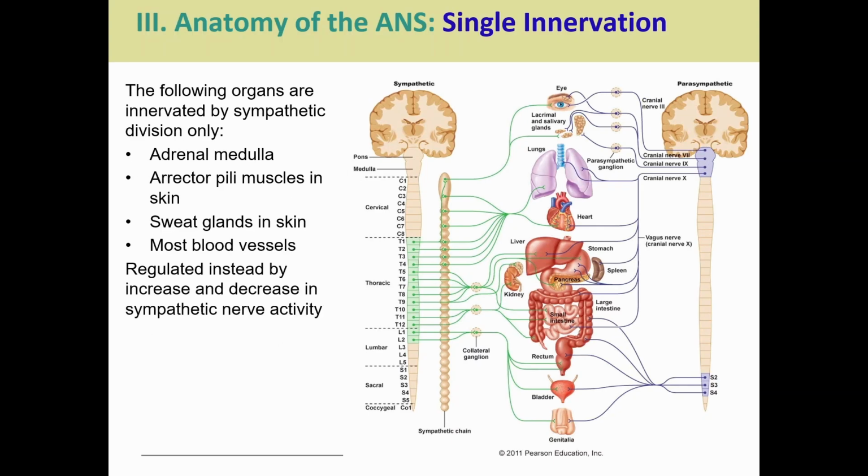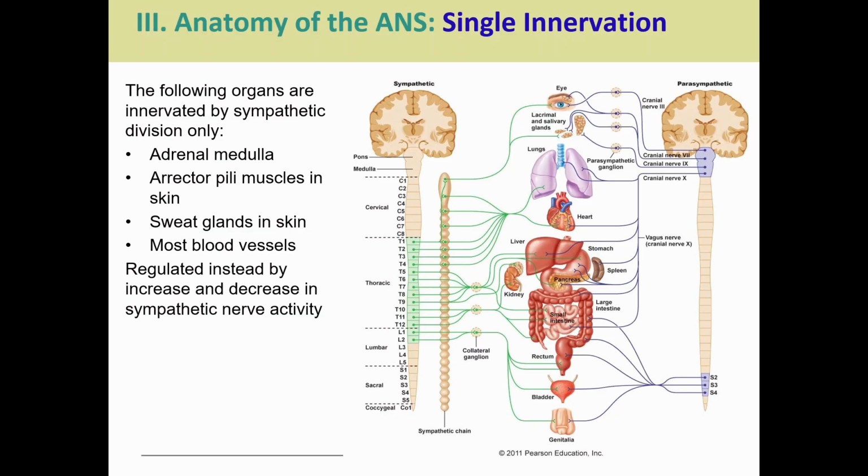Now, some are only sympathetic, and that generally is going to be the adrenal medulla, because it's going to make epinephrine, norepinephrine, so it either makes that or it doesn't. Same thing with the muscles in the skin and the sweat glands in the skin, and some blood vessels, because with sweat glands you're either sweating or you're not sweating. So you get activated, you sweat; that sympathetic division's not firing, you're not sweating.